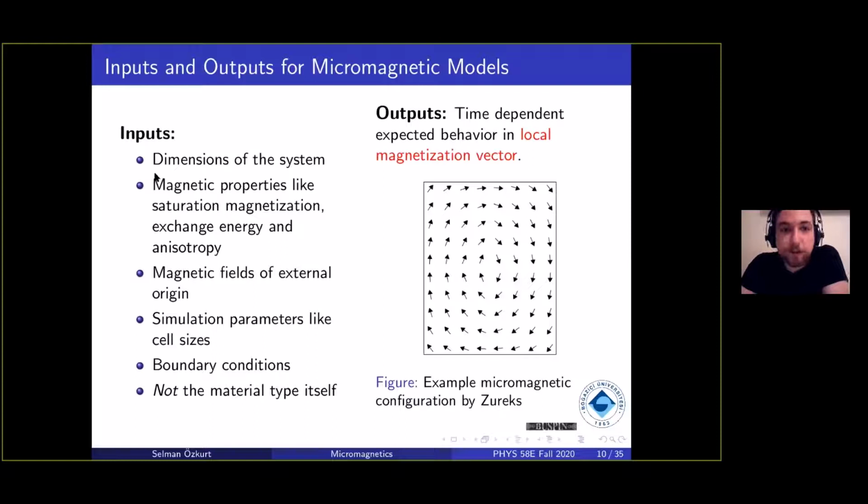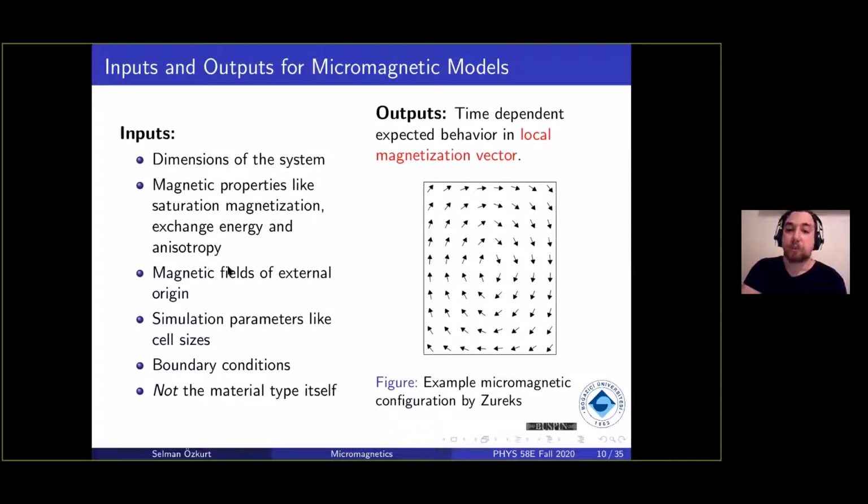And our inputs are, of course, dimensions of the system, including boundary conditions. For example, in this study, it is just a rectangle. And then magnetic properties of the matter as abstracted, like saturation magnetization value, exchange energy, and anisotropy, if any.